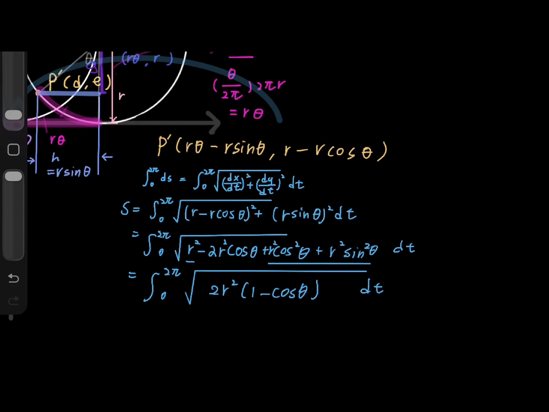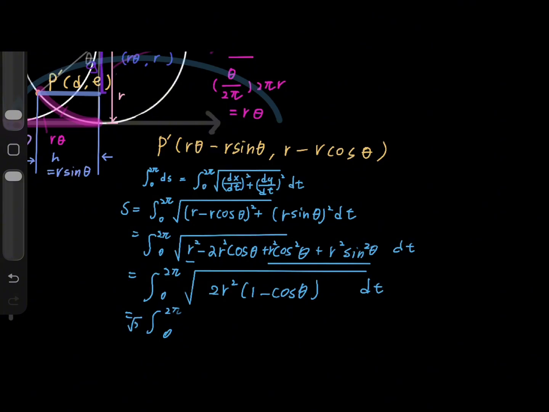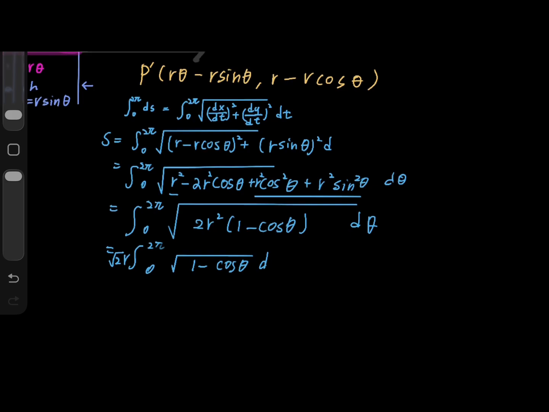Let's make it organized: square root of 2R square times 1 minus cosine theta, d theta. Oh, not with respect to t, I was wrong, it is d theta.